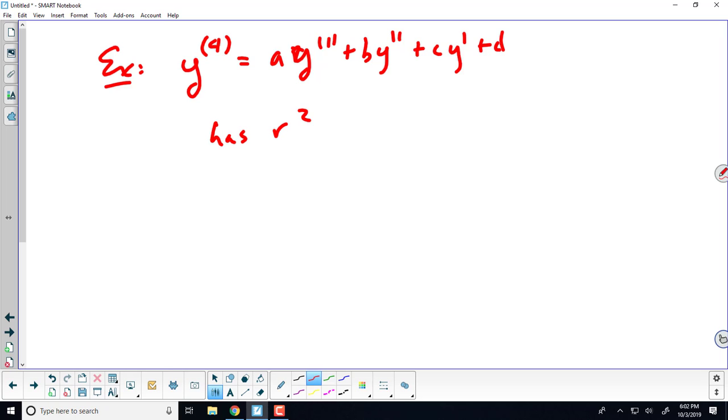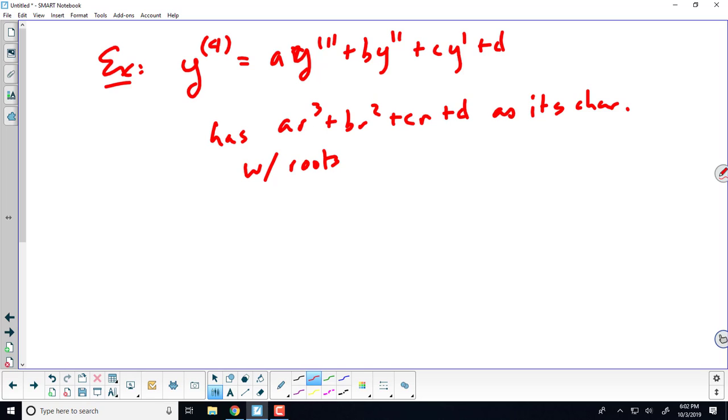Well, it has a r cubed plus b r squared plus c r plus d as its characteristic equation, with roots r1, r2, r3.